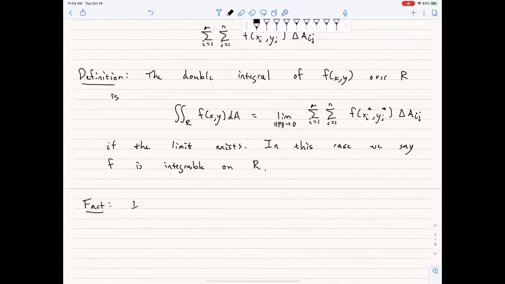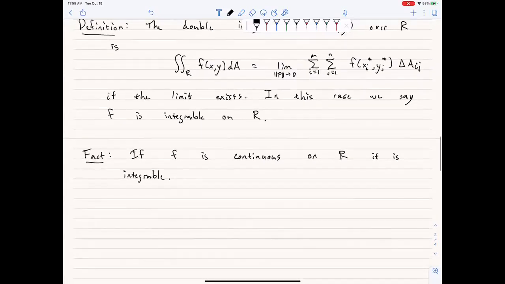One is that if f is continuous, it's integrable on a rectangle. So the vast majority of normal functions you'd write down are in fact integrable. So you don't have anything to worry about.